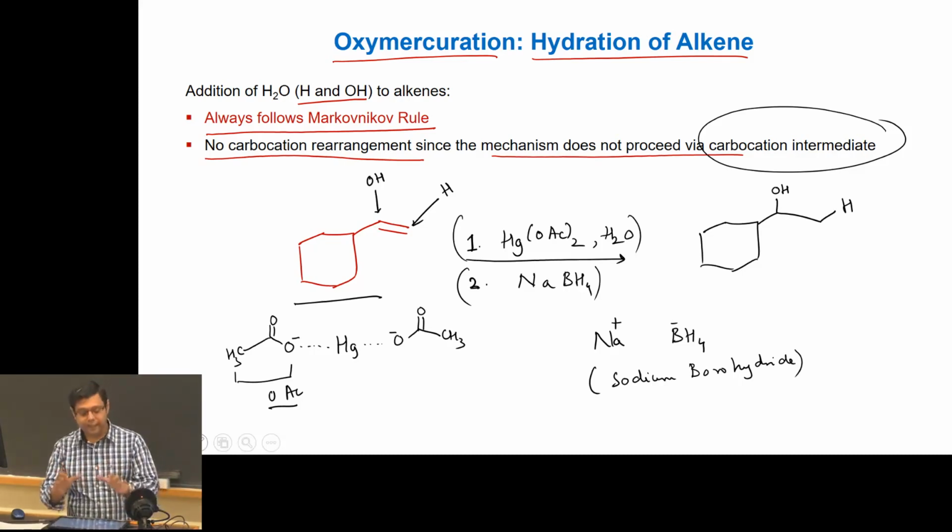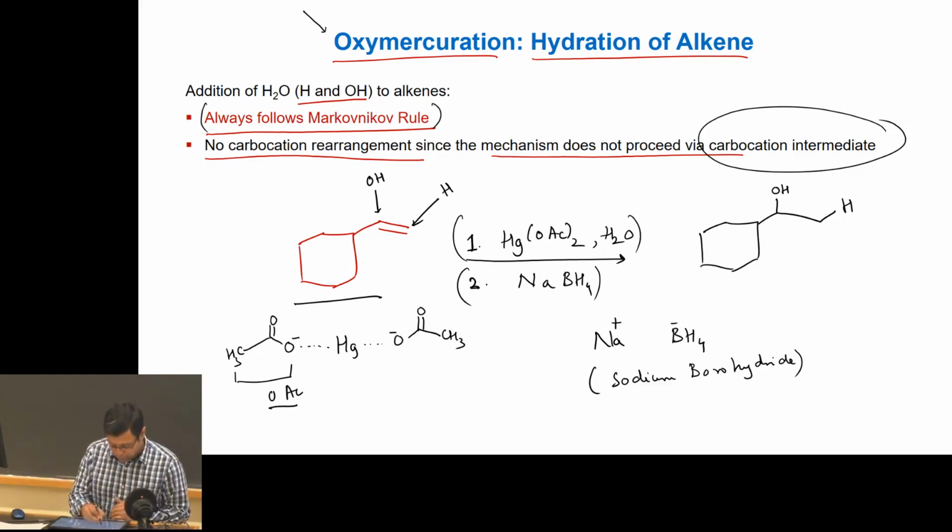Now we are not looking at the detailed mechanism of this reaction. All you want to know about oxymercuration is that it is a hydration reaction and it will always follow the Markovnikov rule. OH to the more substituted carbon of the double bond, H to the less substituted carbon of the double bond.